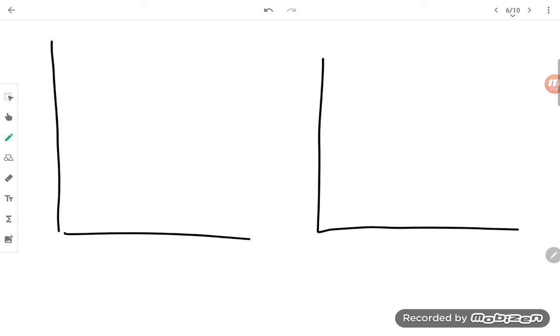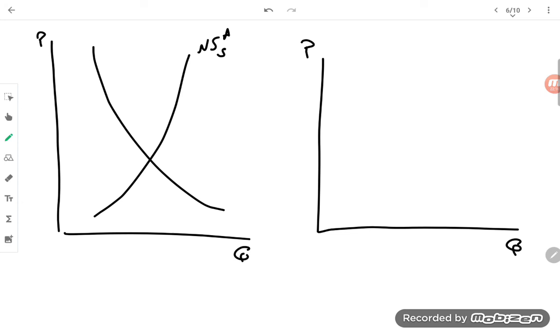What about the Heckscher-Ohlin model? In the case of Heckscher-Ohlin, this is quantity and price. The supply curve is positively sloped, as usual, and the demand curve is negatively sloped, as usual.